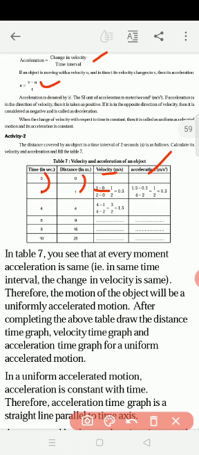This is equal to 1 by 2, how much? 0.5. Like that only here also, 4 minus 1 and 4 minus 2. Again 9 minus 4 and 6 minus 4. Again 16 minus 9, 8 minus 6. So like this you have to fill this one.